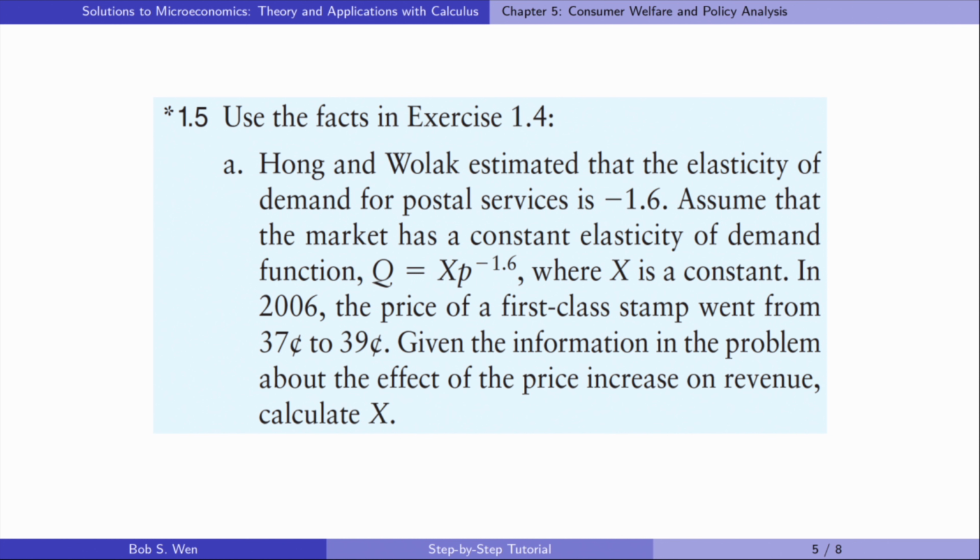Assume that the market has a constant elasticity of demand function, Q equals x times P to the power minus 1.6, where x is a constant. In 2006, the price of a first-class stamp went from 37 cents to 39 cents. Given the information in the problem about the effect of the price increase on revenue, calculate X.